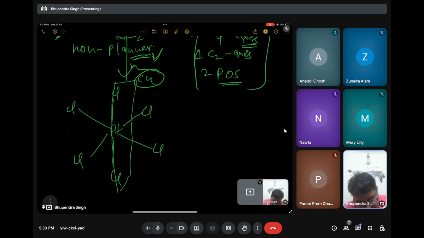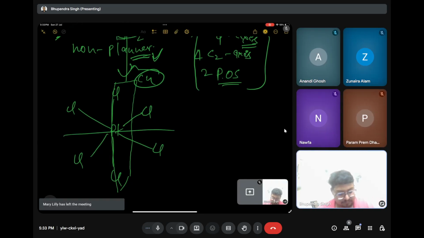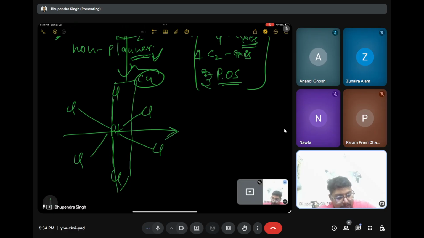I don't know how to draw it here, but one plane is also here. So we got three planes here.